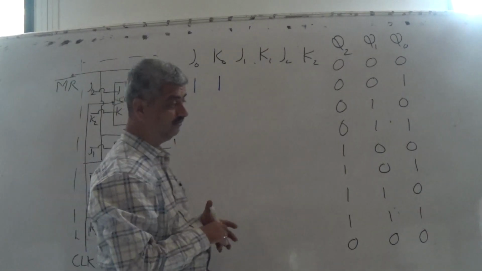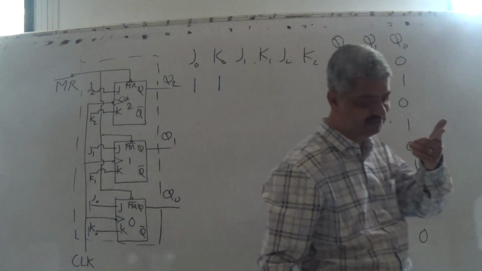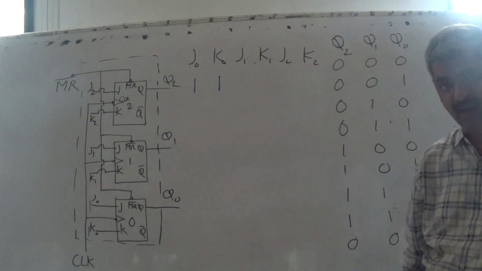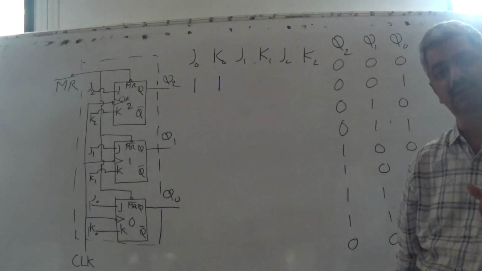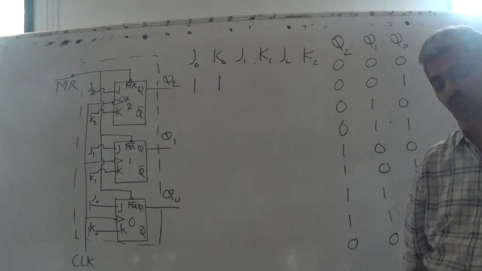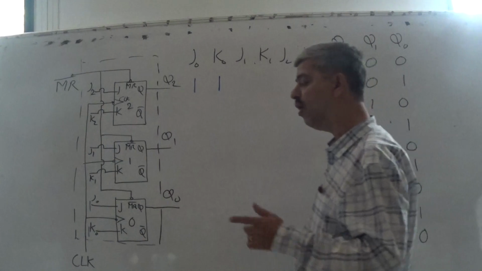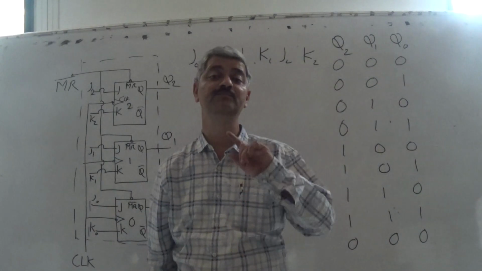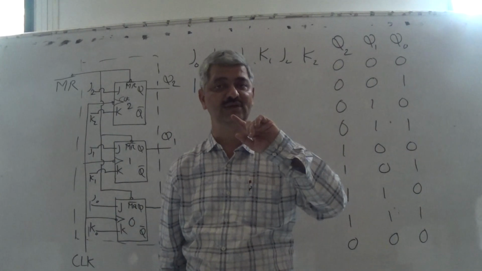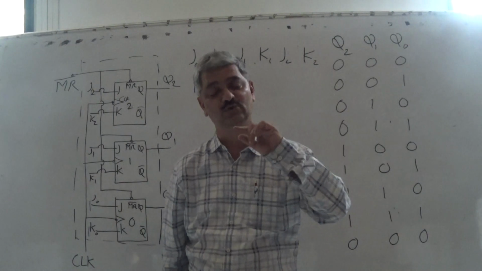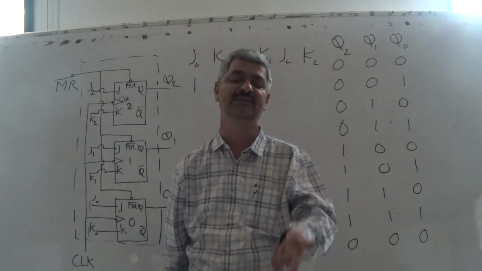Now, what we find, last time we discussed, 2-bit counting sequence is automatically observed on the last two least significant bits of a 3-bit counter.